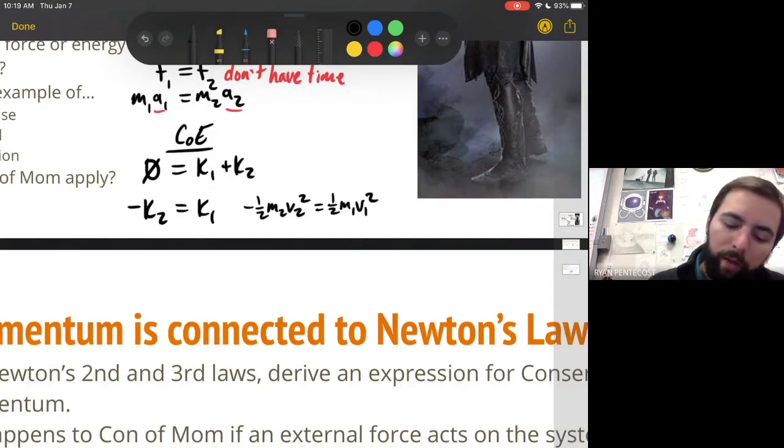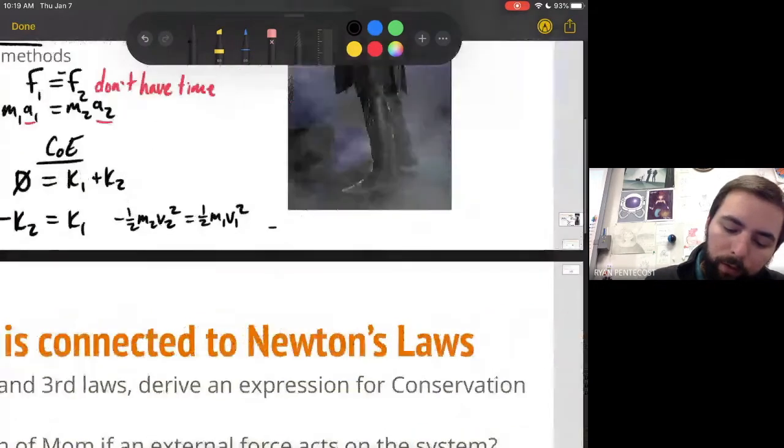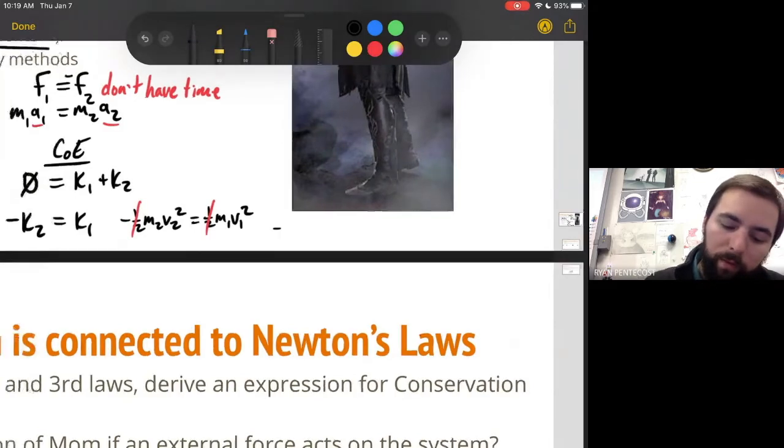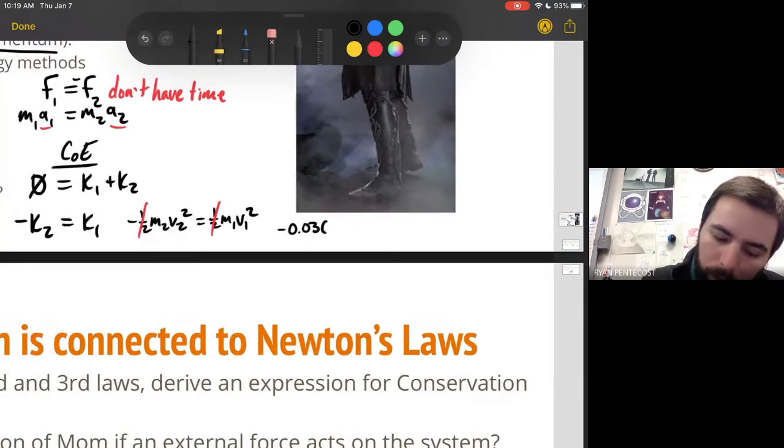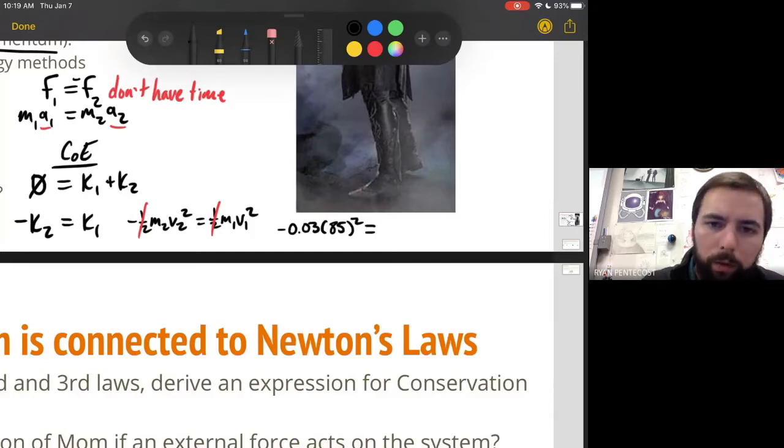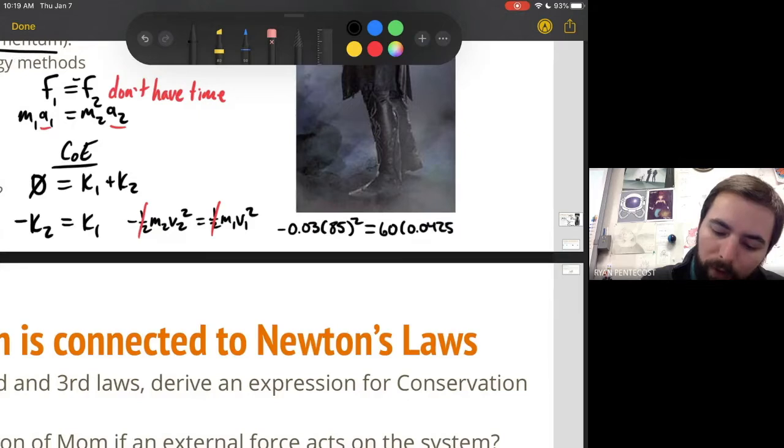Actually, those 1/2s can go away. Just divide by that 1/2 on both sides. So then we have negative M2, that was 0.03 times 85 squared equals 60 times 0.0425 squared.